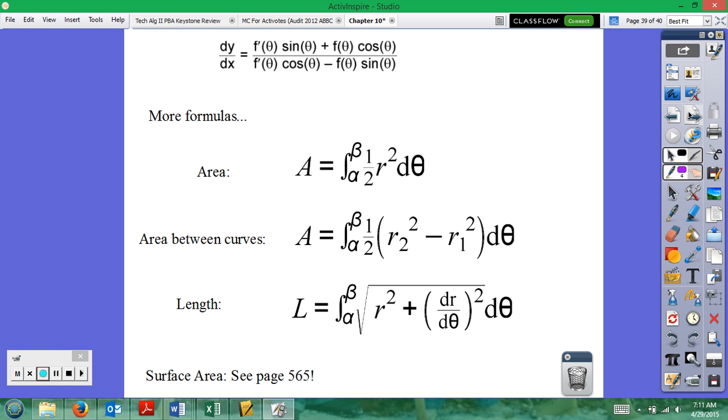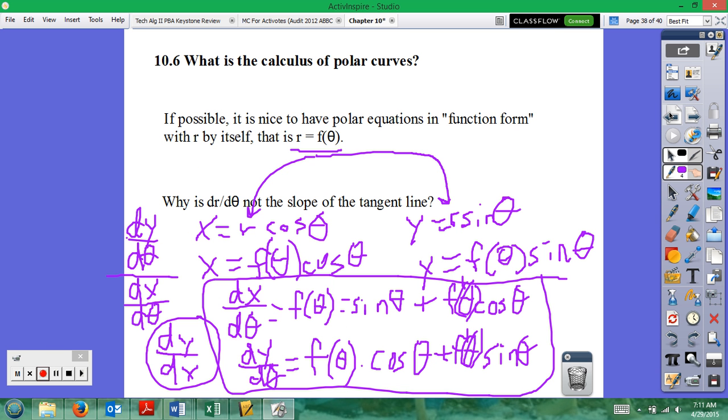That's something you need to know and memorize, but think about where it comes from. It comes from the conversions, x equals r cosine theta and y equals r sine theta, where r is just the function form, r equals f of theta. Then we plug in, take the derivative of each separately, and put it in dy dx form.